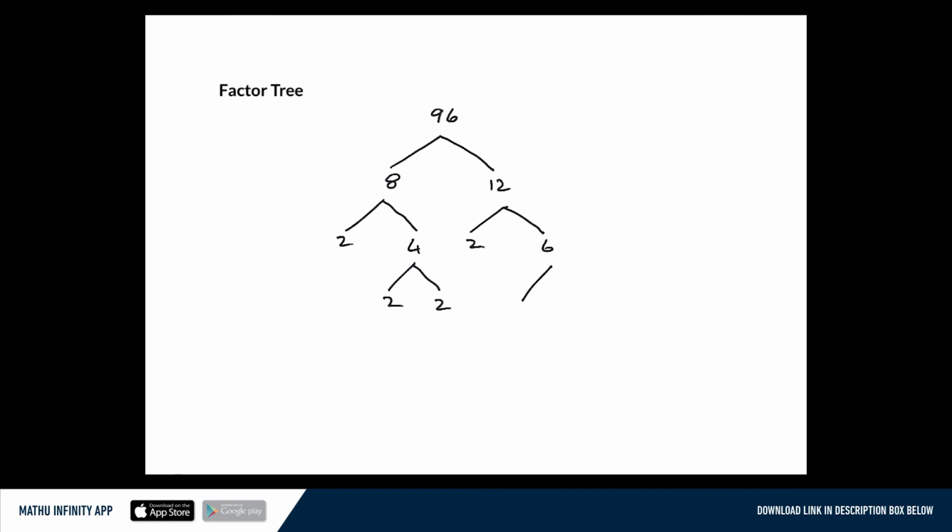But I know 6 I can break down into 2 and 3. So using this, I can now identify what all my factors are. And that's where the branches end. So this branch ends here, that one ends there, that one ends there, that one ends there, and over there.